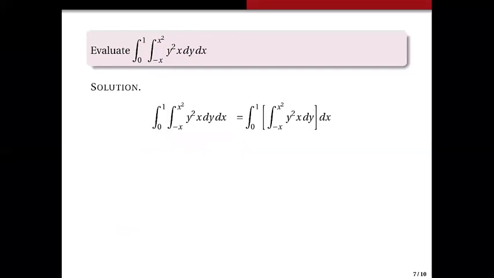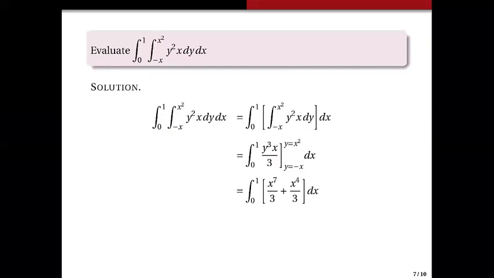So we start integrating with respect to y first. If we do that, we will have y cubed over 3, and x is constant. That's why you have your x here. And you evaluate from y equals negative x to y equals x squared. So if we evaluate this, we will end up with this expression, x to the 7 over 3 plus x to the 4 over 3.